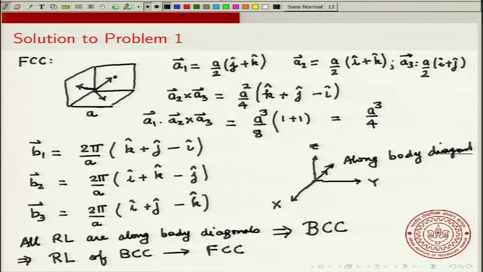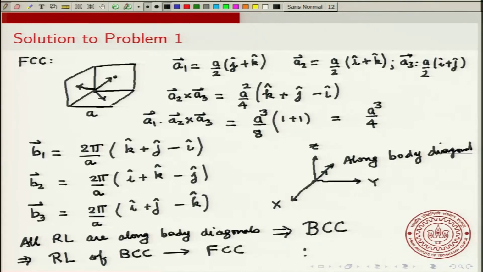Since the reciprocal lattice of FCC is BCC, it follows that the reciprocal lattice of BCC has to be FCC, okay.